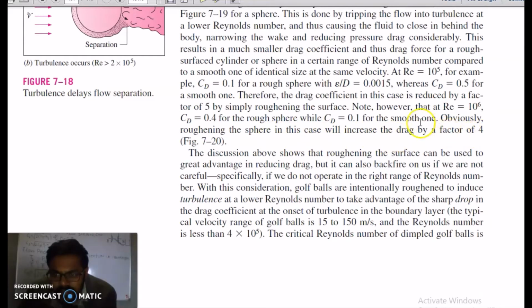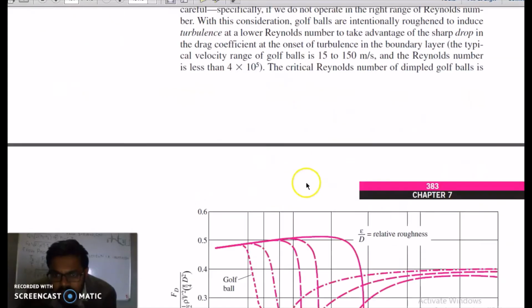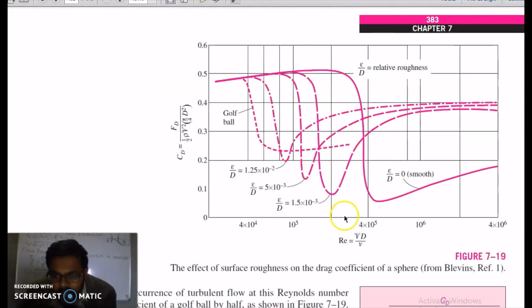Means this condition of decreasing the drag by roughening the surface is true for a particular Reynolds number. Below this value, your surface roughness will decrease the drag coefficient, but above this value you can see your surface roughness has increased the drag as compared to the smooth.